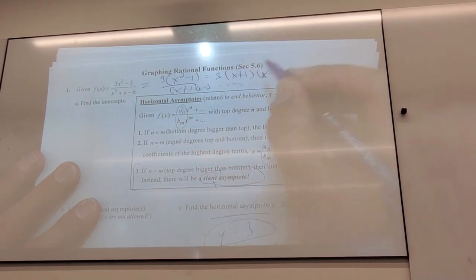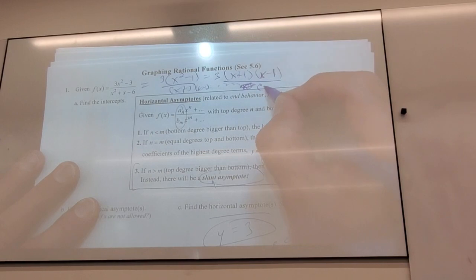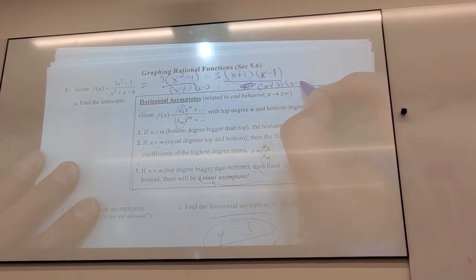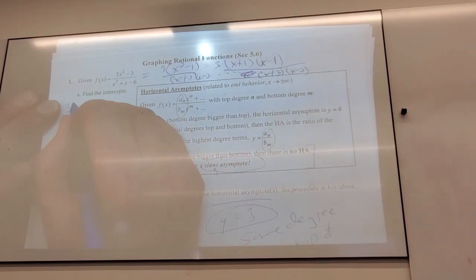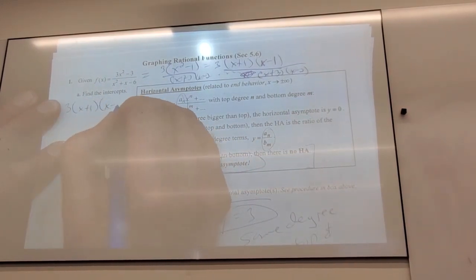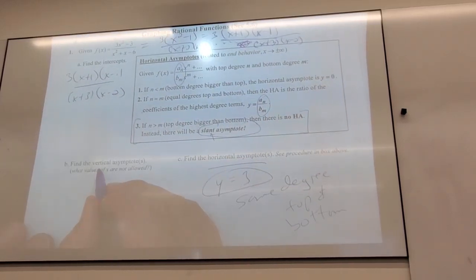So let me write this again. Will the vertical asymptotes be negative 3 and positive 2? Yes, so the vertical asymptotes.